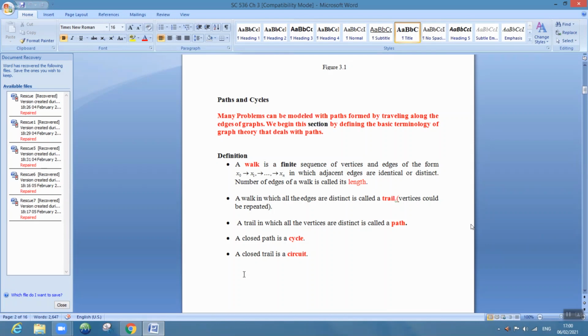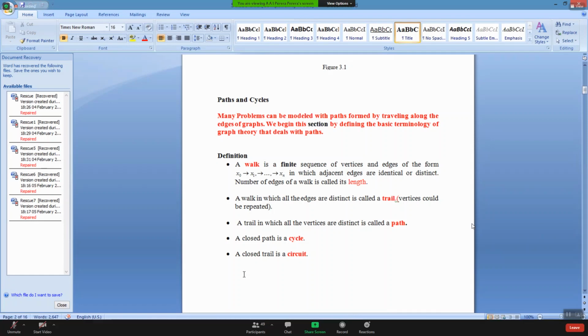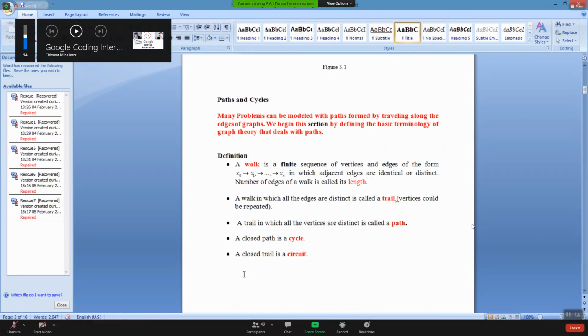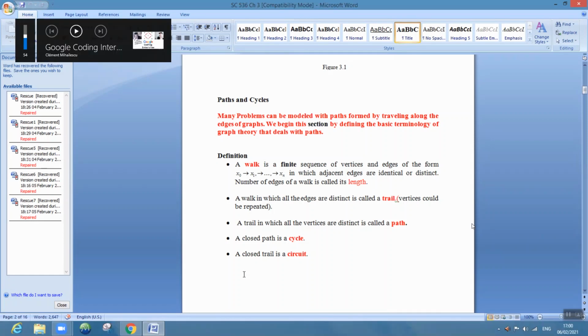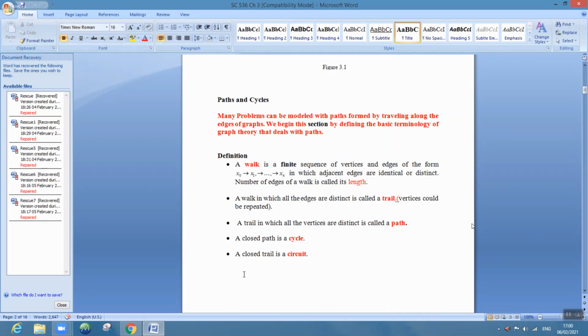You have to find the Hamiltonian cycle, the Euler circuit, the Hamiltonian path, the open trail or closed trail, the walk. These terms come up all the time when you go for the application, so you have to understand them.